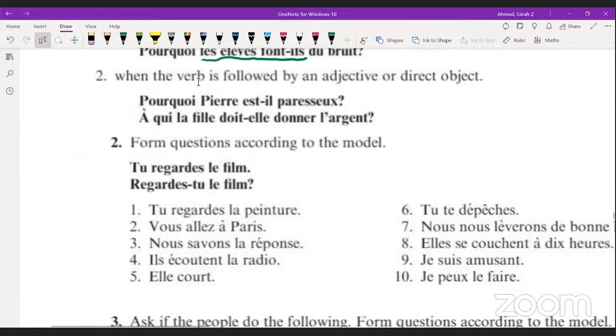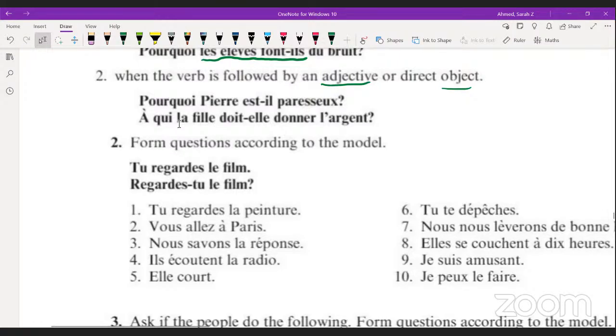And then number 2 is when the verb is followed by an adjective or direct object. So, pourquoi Pierre est-il paresseux?